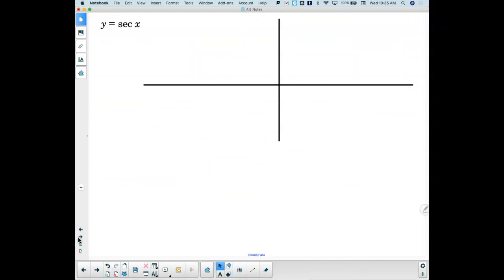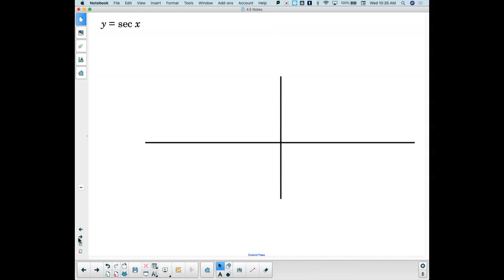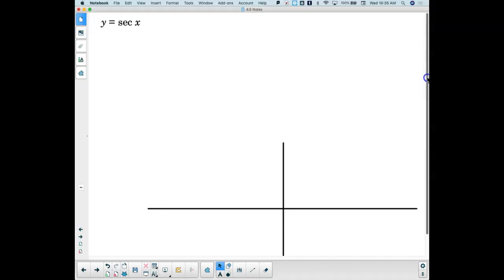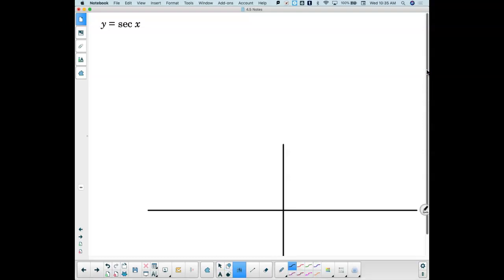Anybody else for the AC? Just you. What is, in terms of trig, what is secant? Opposite of cosine or reciprocal of cosine? Reciprocal of cosine I like more.